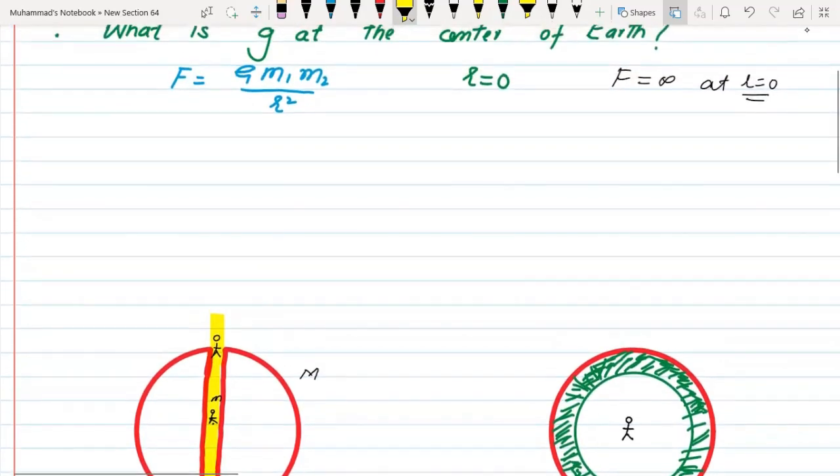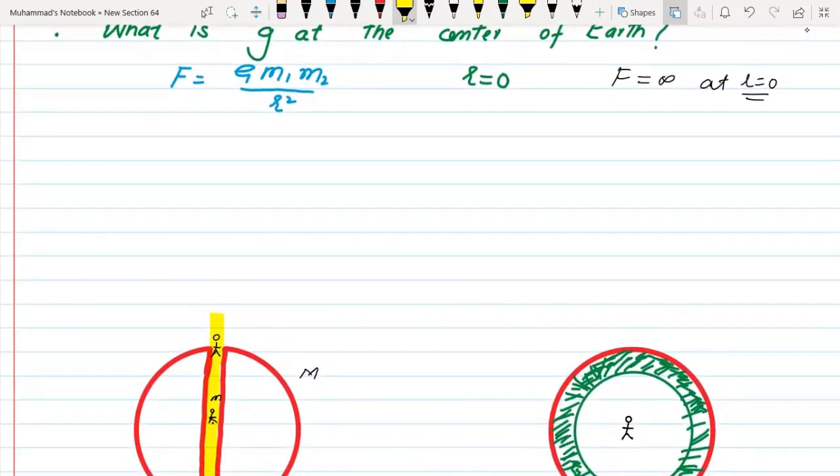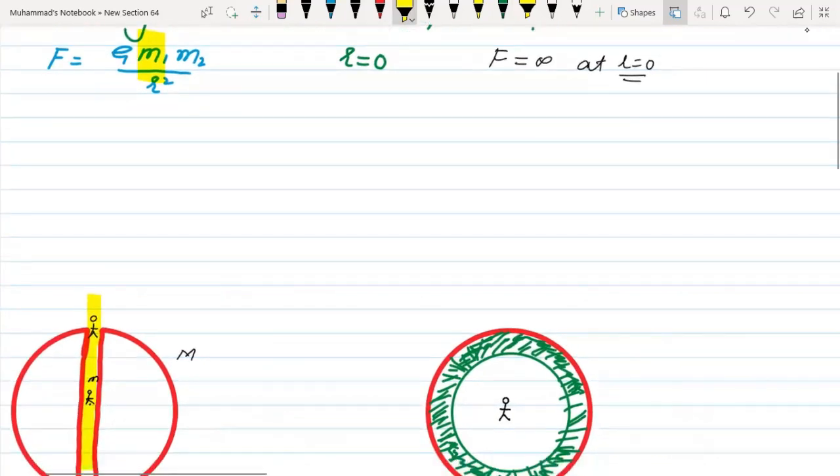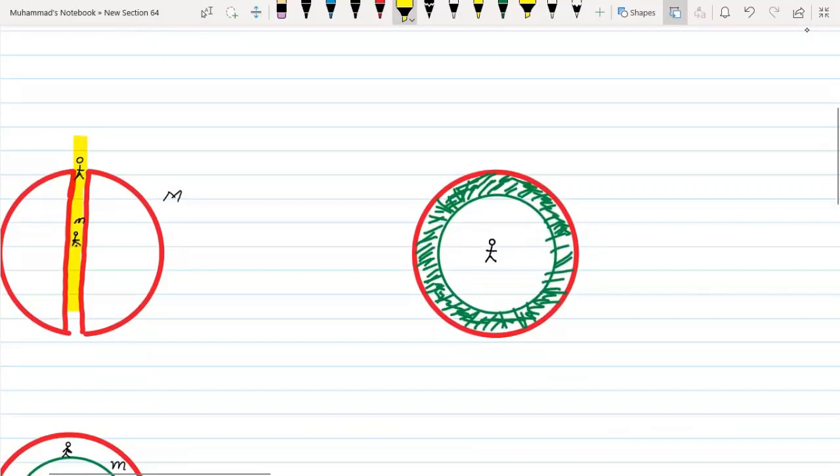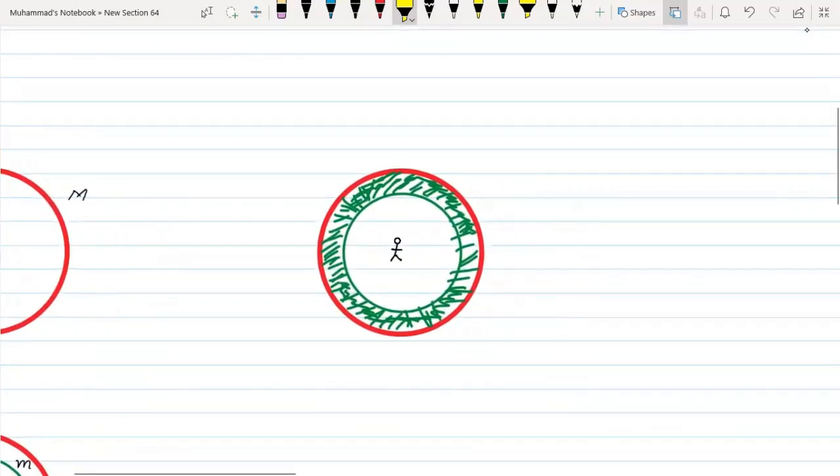Okay. So over here you can see, as you move inside the earth, the mass of earth below you and the radius both change. Okay. So we will understand this concept using this diagram.